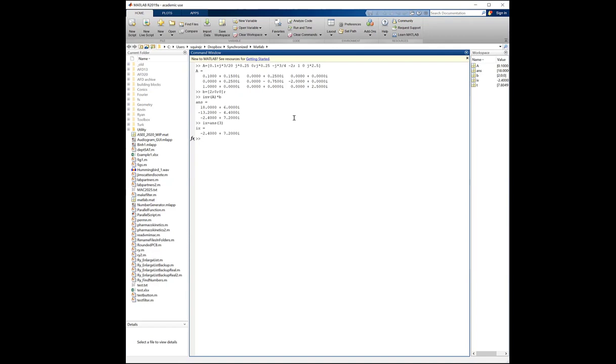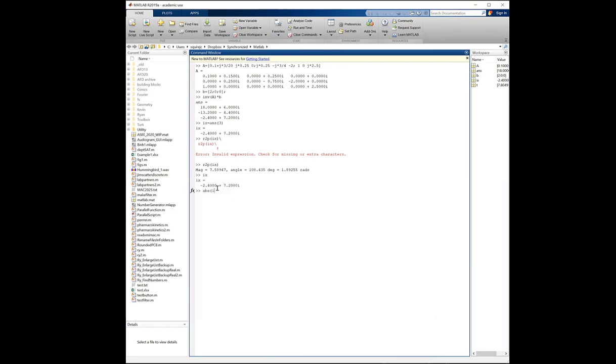Although this is correct, we want to convert that into polar notation. So I'm using a program that I wrote back in EE120, rectangular to polar, to convert that. But if you didn't have that, you could have just as well said, here's your IX. What's the magnitude of it?